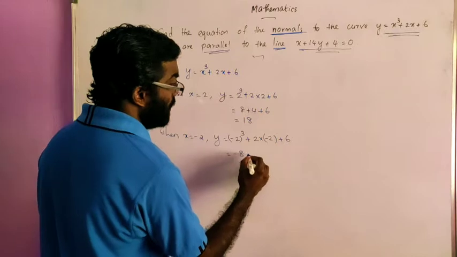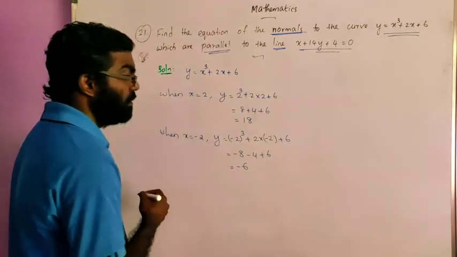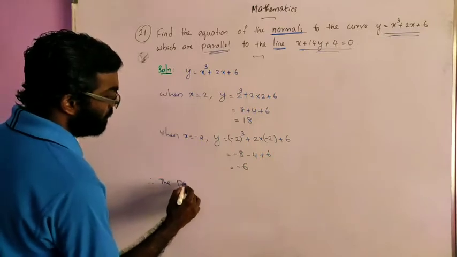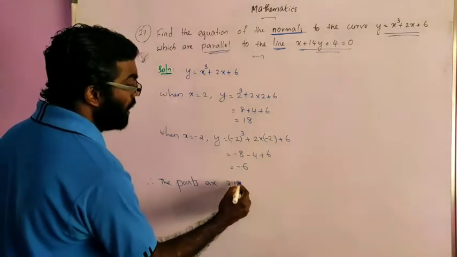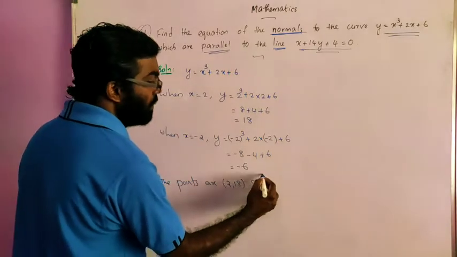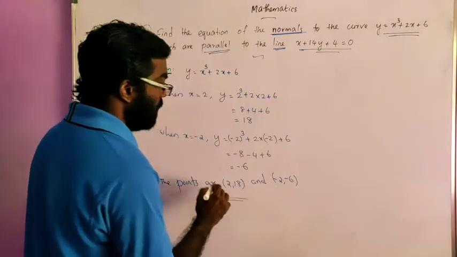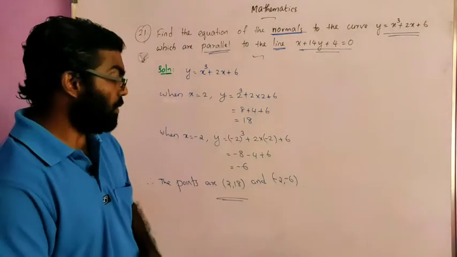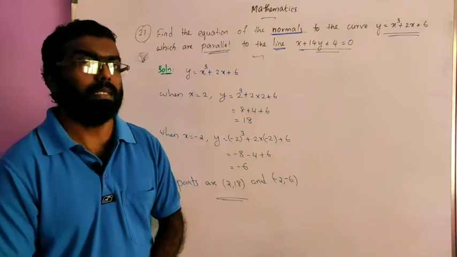That is minus 8 minus 4 plus 6 which is equal to minus 6. Okay. So therefore the points are 2, 18 and minus 2, minus 6. Now we can find the equations of normals at the points 2, 18 and minus 2, minus 6.